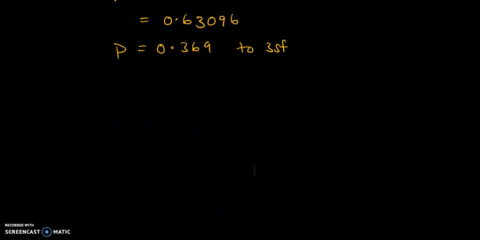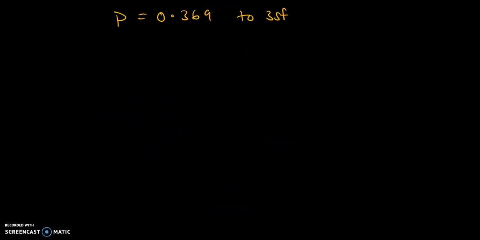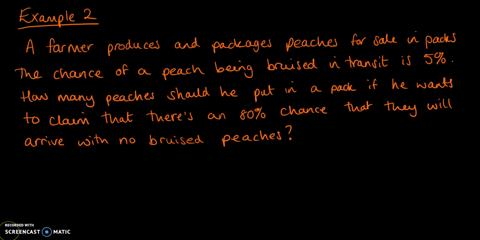All right, so now let's look at an example the other way around, where we need to work out n. For this example, we have a peach farmer, and he produces and packages peaches for sale in packs. The chance of a peach being bruised in transit is 5%, so that's for each peach. How many peaches should he put in a pack if he wants to claim that there's an 80% chance that they will arrive with no bruised peaches in that pack?